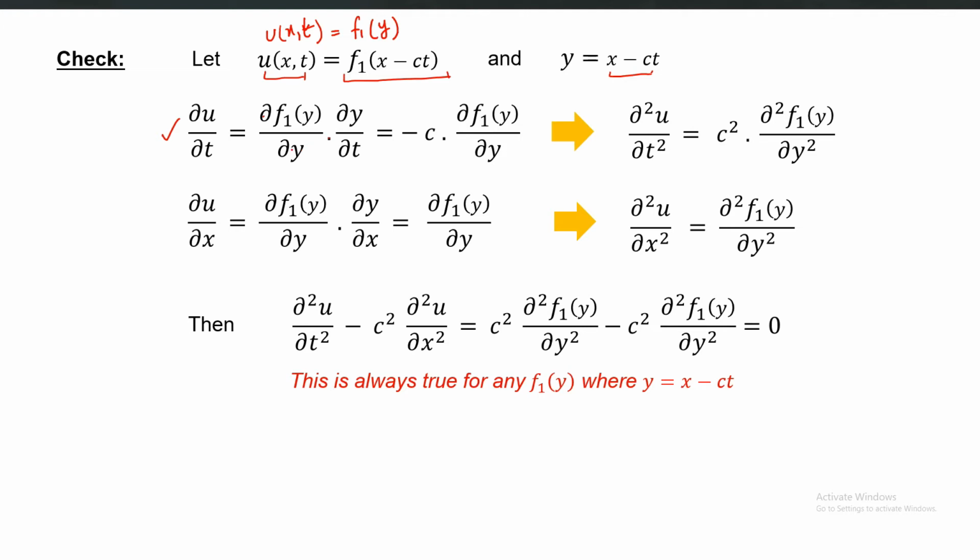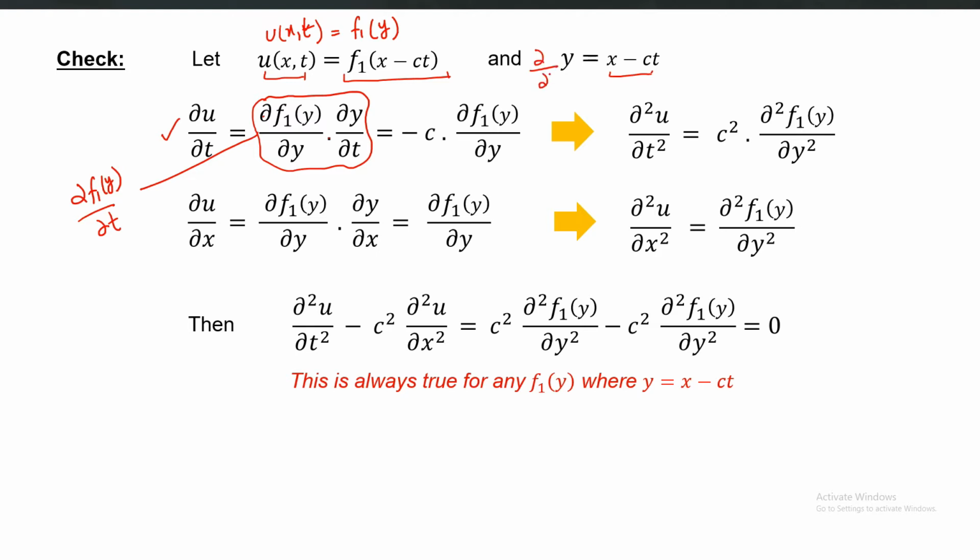We know already that this thing is actually equal to partial f1 of y over partial t. So we just expanded that and introduced partial y here and partial y here also. The reason why is that we now know that partial y over partial t can be determined, because y is x minus ct. So we can take its differential with respect to t.